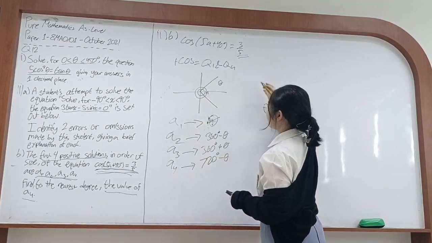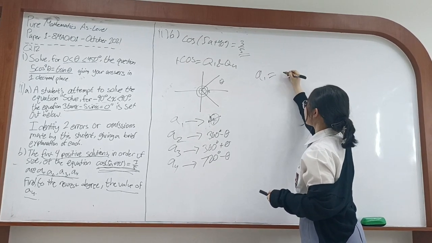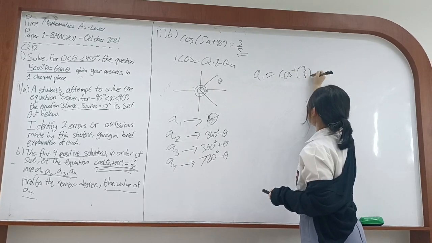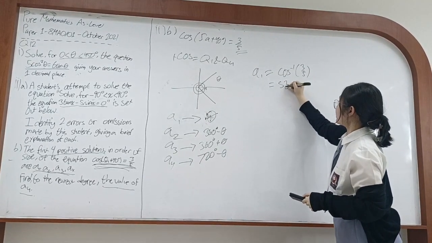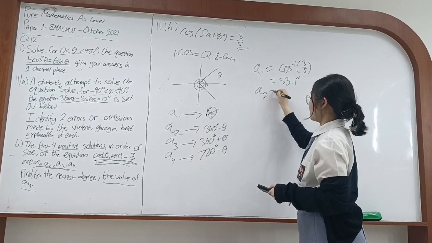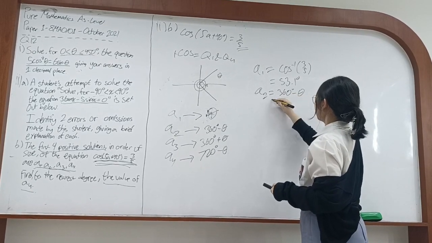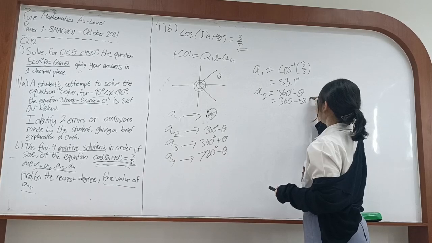So let's start with A1. A1 is just the inverse cos of 3/5, and since this is the same as before, the answer will be 53.1 degrees. Let's move on with A2. A2 is 360 minus theta, which is 360 minus 53.1.